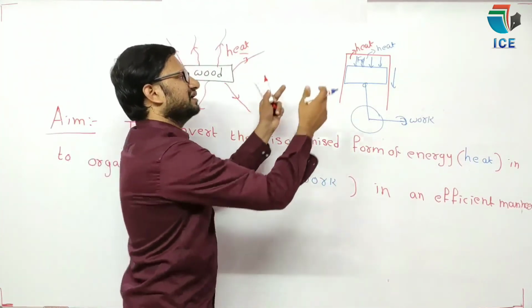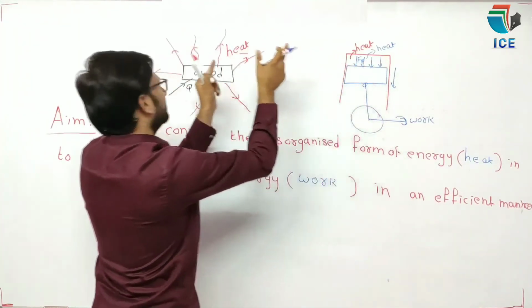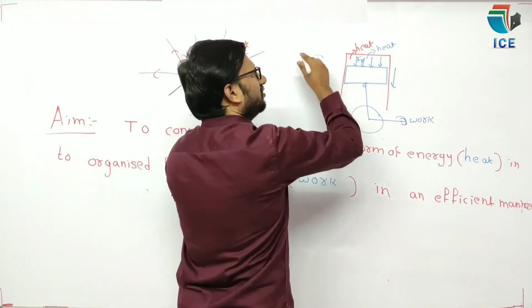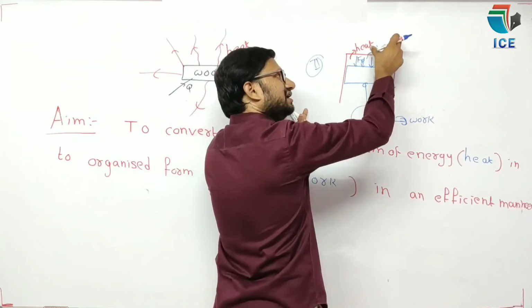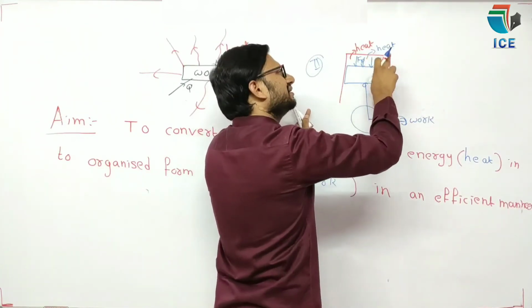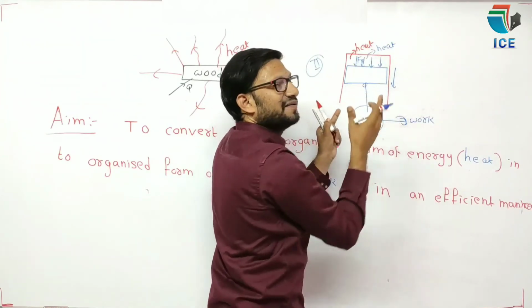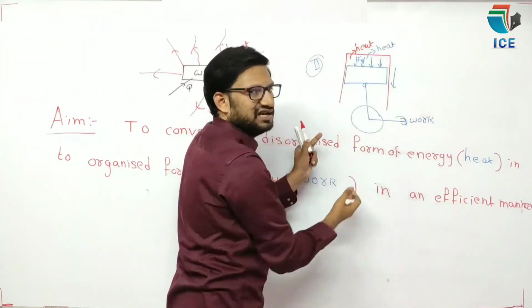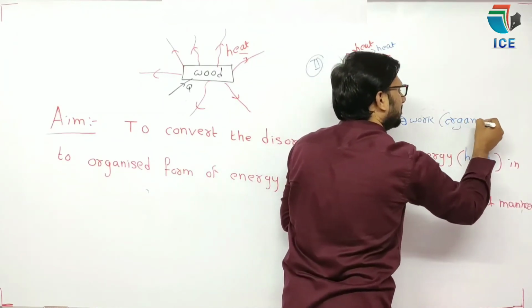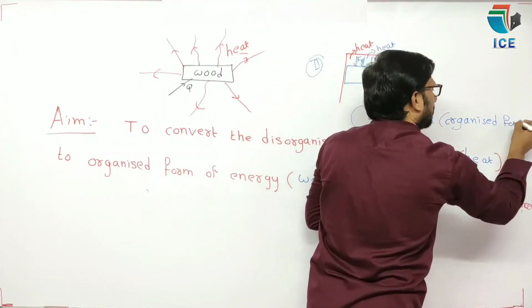See here, in this case also the same heat, but in the second case we are converting the disorganized form of energy, heat, by using some constraints into an organized form of energy, that is mechanical work.